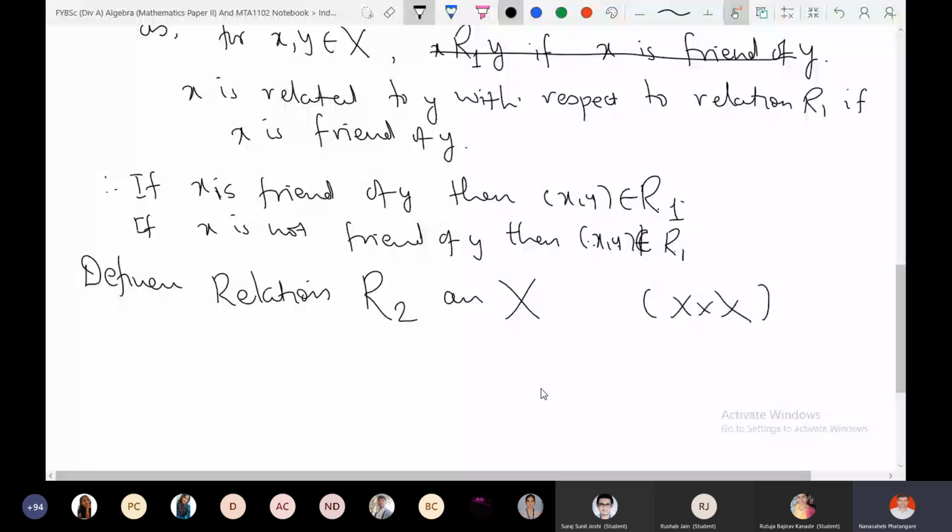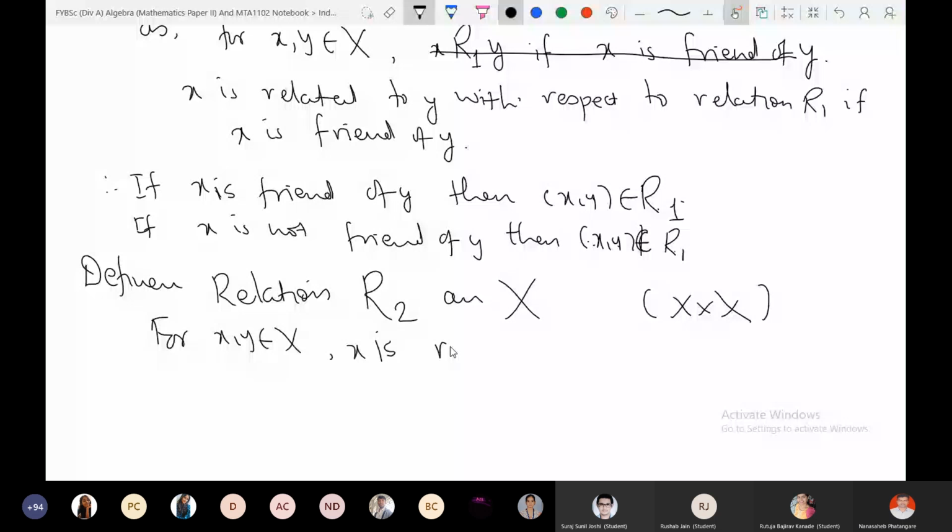For x, y belonging to the A division, x is related to y if x and y are from the same city. So x and y are from the same city, then they are related.